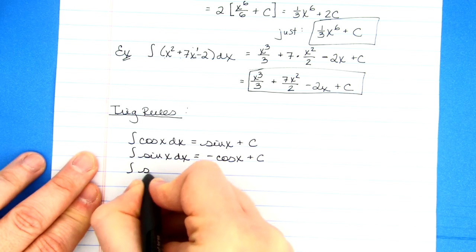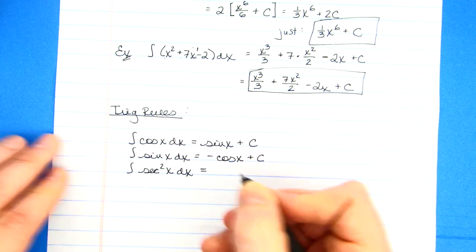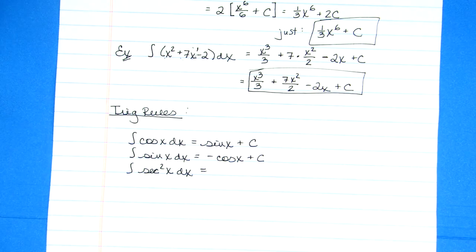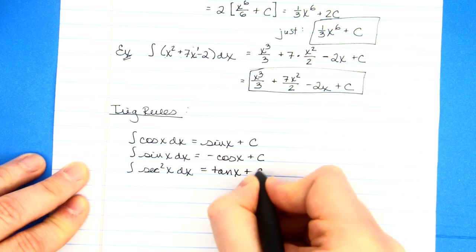How about this one? The integral of the secant squared of x dx. What has a derivative of secant squared x dx? I hope you're thinking tan x plus a constant.